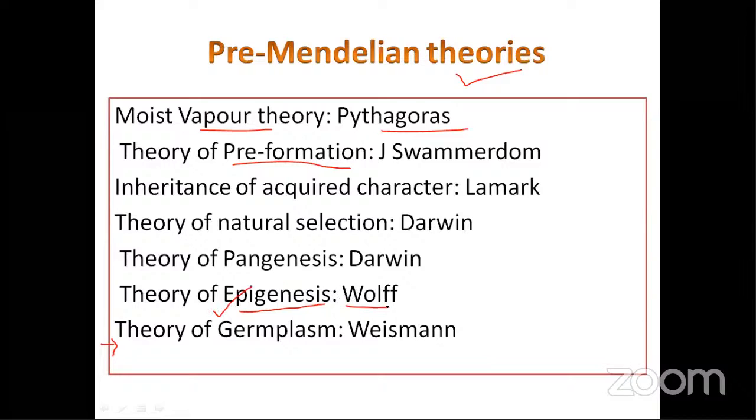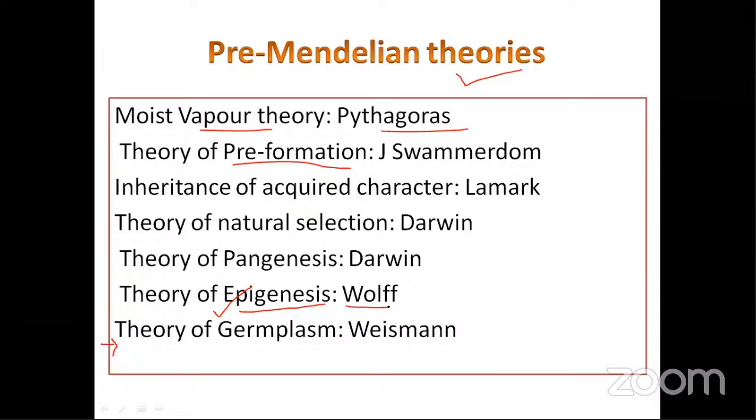That was given by Wolf, and the epigenesis theory was further refined by another scientist, von Baer. He mentioned that some sort of homunculus is present in the sperm and egg, and that it goes on and differentiates into individuals.